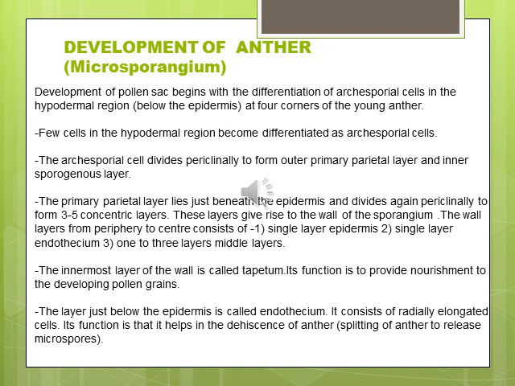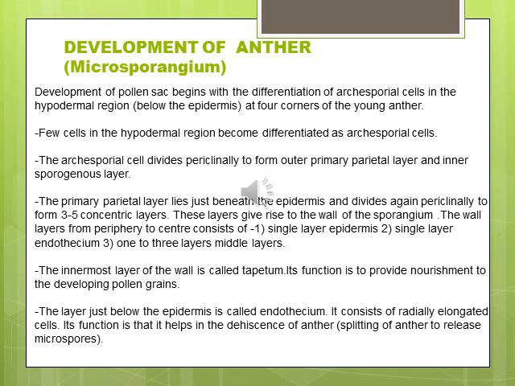Now this primary parietal layer, which is just below the epidermis, will further undergo periclinal divisions, that is, again increase the number of layers, and 3 to 5 concentric layers will be formed inside the epidermis, and these layers actually form the wall of the sporangium.